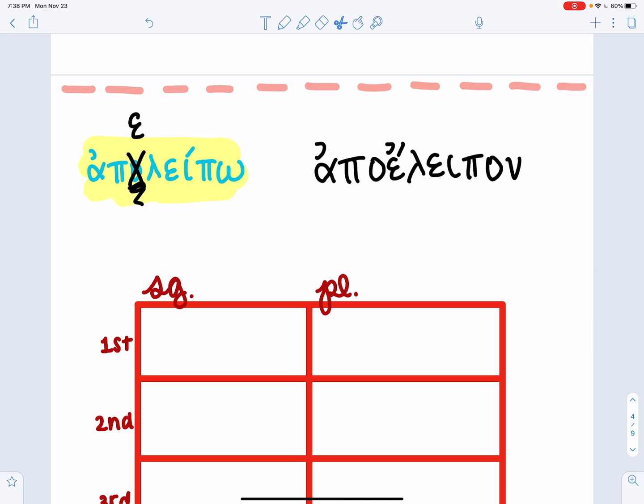That would just not make sense with everything we've learned so far. Prepositions will just take away that vowel. So we end up with, and we're going to get rid of that breathing mark because now it's just one word, apelepon.